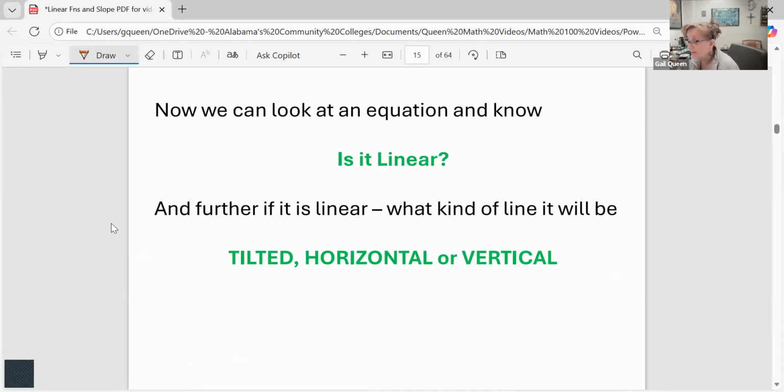Further, if I do have a linear equation, then I can ask myself, is the line tilted, uphill or downhill, horizontal, flat like a flat street, or vertical, up and down like a wall? I can tell from the equation whether it's tilted, horizontal, or vertical. So that is the first step and the first start to working with linear functions.